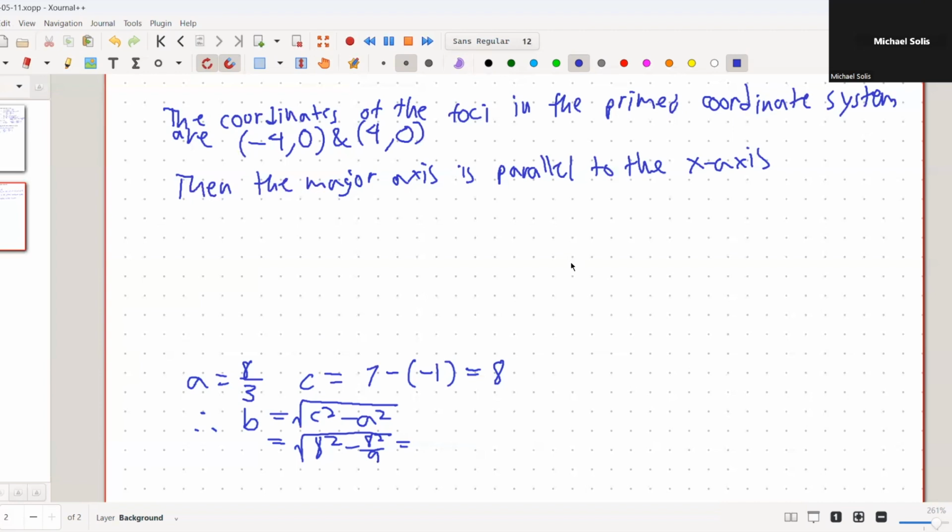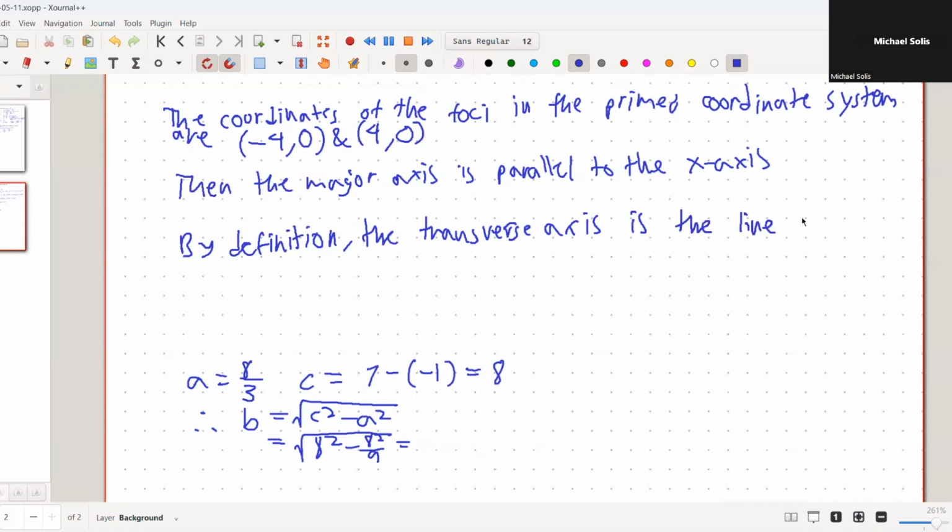By definition, the transverse axis is the line segment connecting the two vertices of the hyperbola.